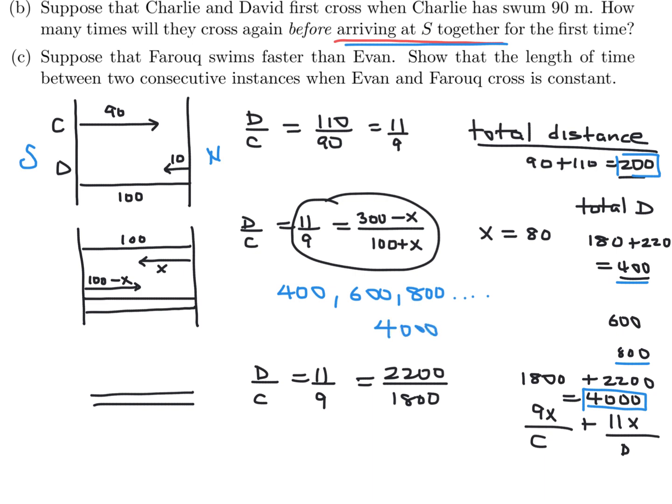So we have to now read this question carefully to figure out what exactly they're asking. They first cross at 90. How many times will they cross again before arriving at S?